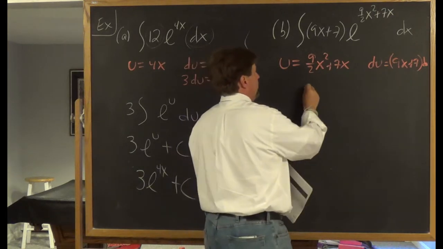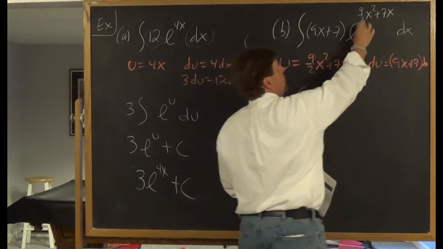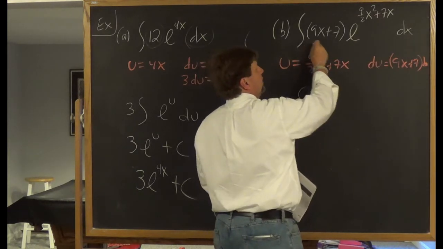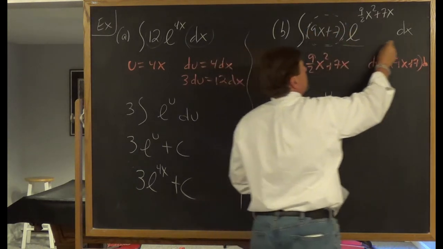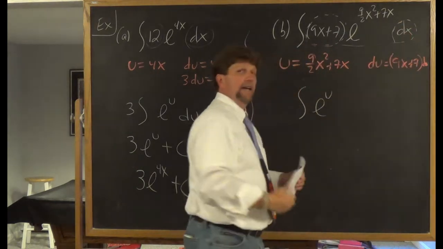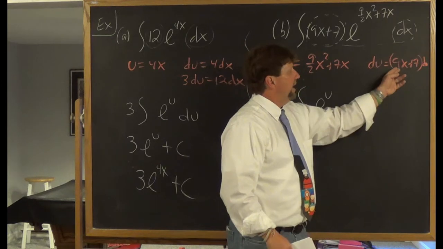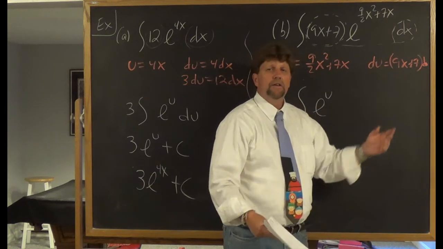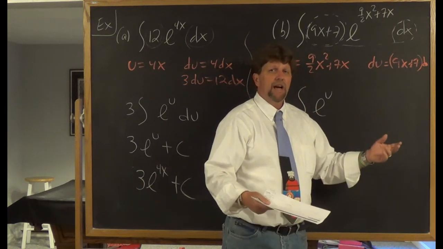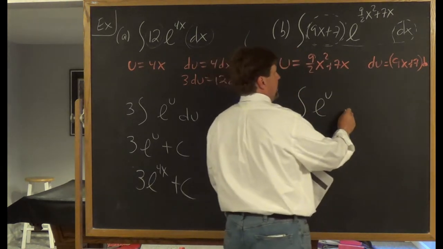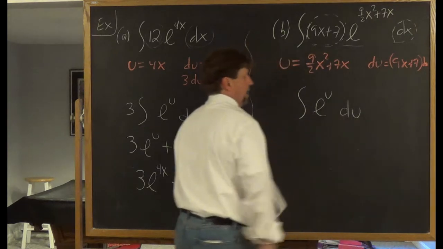So when we substitute in, we substitute u for that nastiness in the exponent, and look, the 9x plus 7 dx, that's du. So we didn't have to massage anything at all here. We just substitute du in for the 9x plus 7 dx.